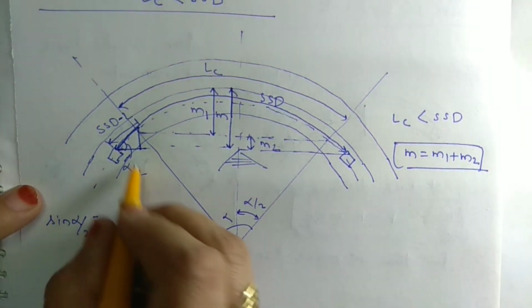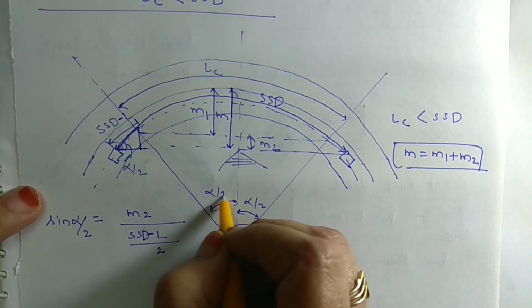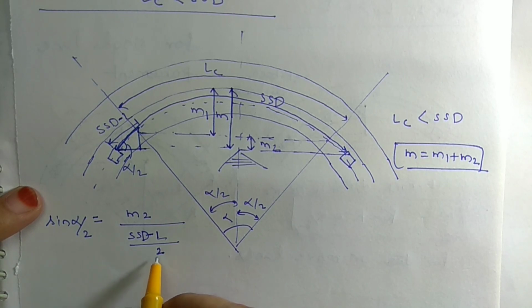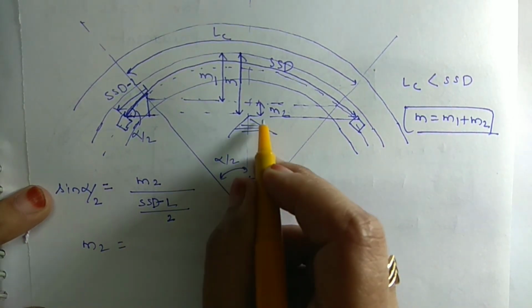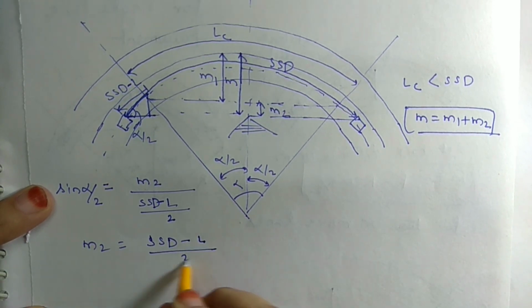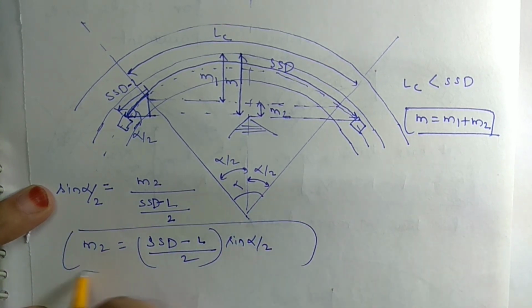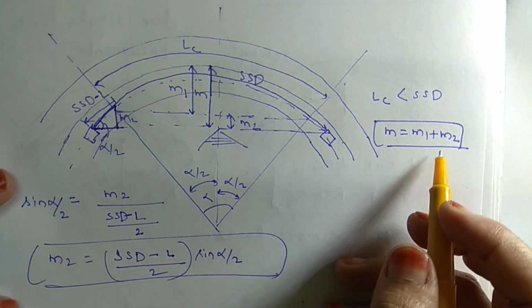Sine alpha by 2, as this angle is alpha by 2, so sine alpha by 2 will be equal to M2 upon SSD minus L by 2. M2 will be this distance, SSD minus L upon 2 sine alpha by 2. So we get the setback as M equals M1 plus M2.